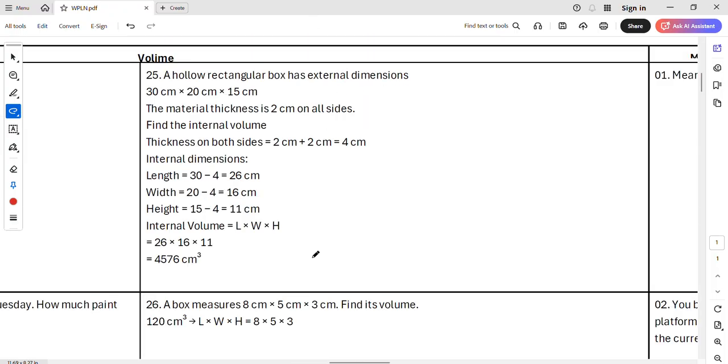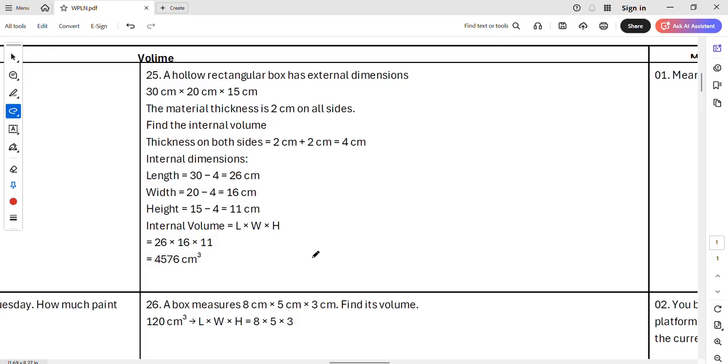Okay, we continue with the volume. Question number 25. A hollow rectangular box has external dimensions of 30, 20 and 15 centimeters. The material thickness is 2 centimeters on all sides. Find the internal volume. Thickness on both sides, so 2 plus 2 equals 4.